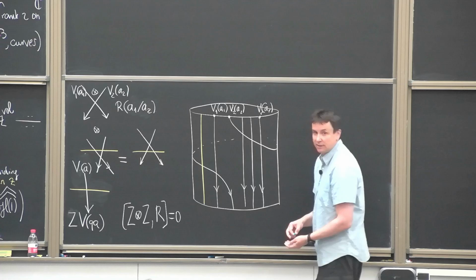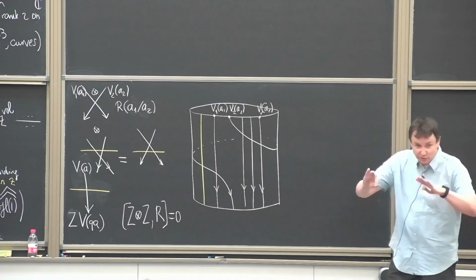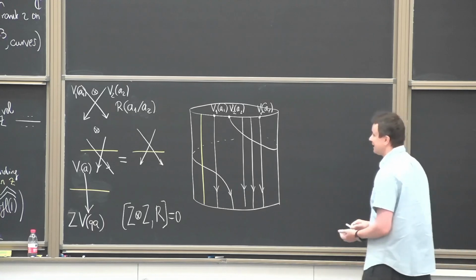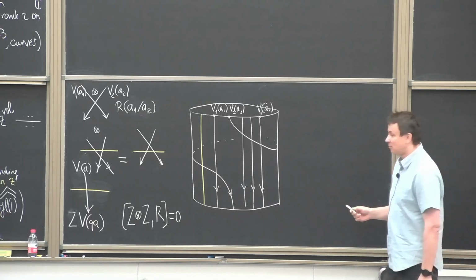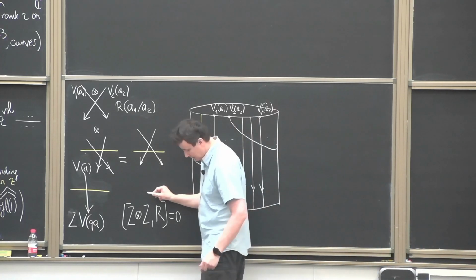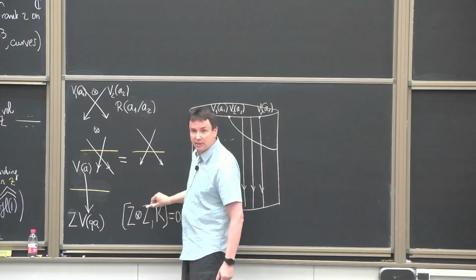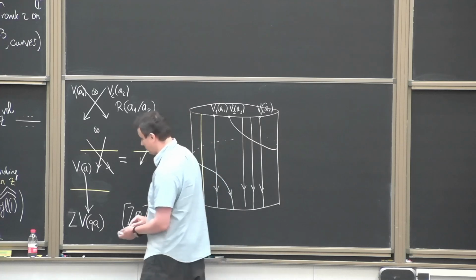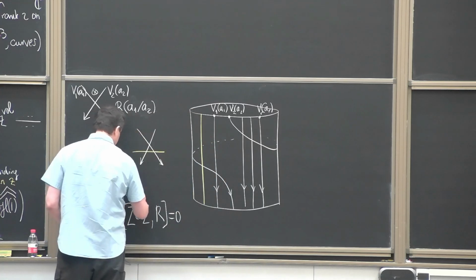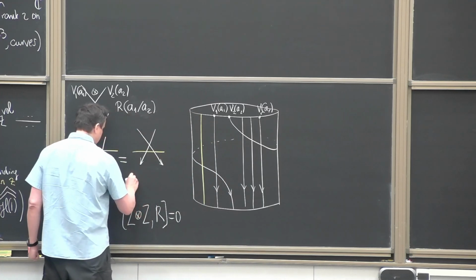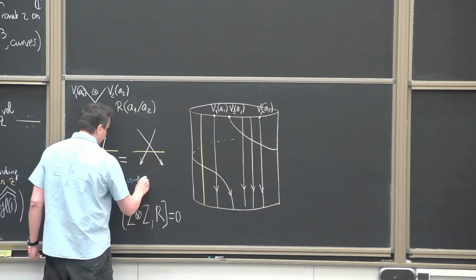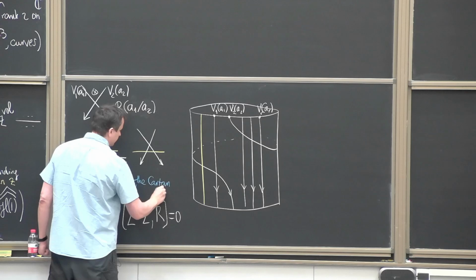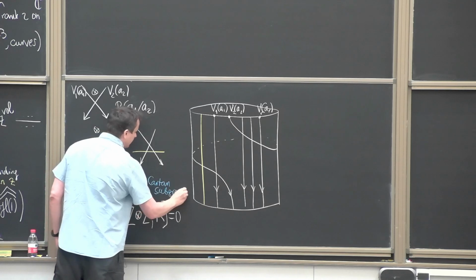So if you think about a quantum group, well, if you don't know what a quantum group is, no problem. I'll explain it in a second. Well, I'll try to explain it in a second. But there are not so many elements in the group that satisfy this condition. For example, Z could be an element in the Cartan subgroup, kind of like the maximal torus.